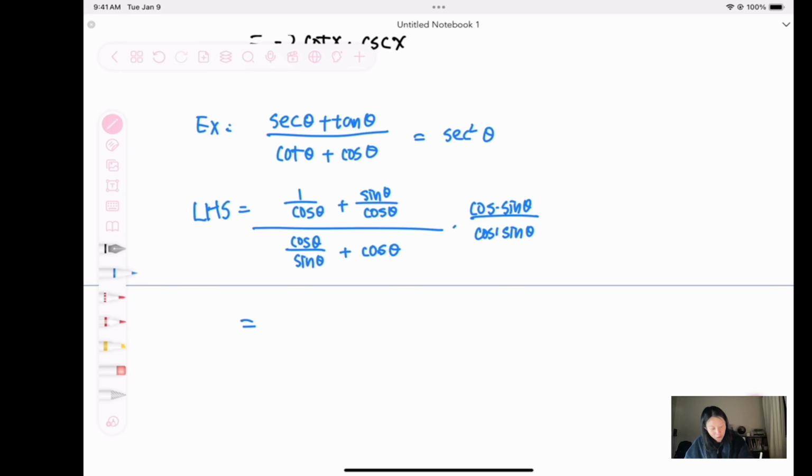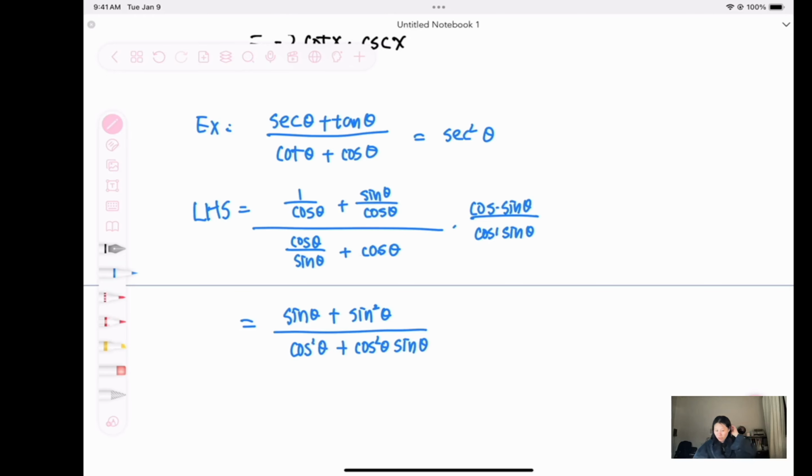So on the top, you will end up getting sine plus sine squared. In the bottom, you will have cosine squared plus cosine squared times sine.